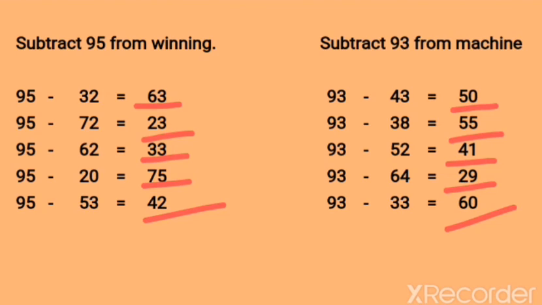Those are the numbers that we're able to reject. So that is particularly how to reject some numbers.